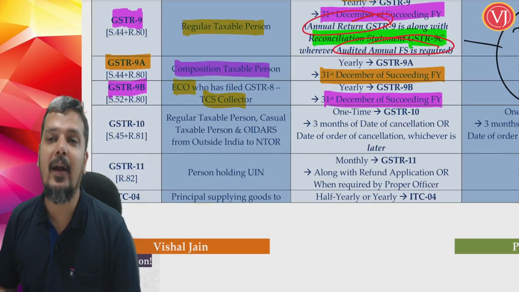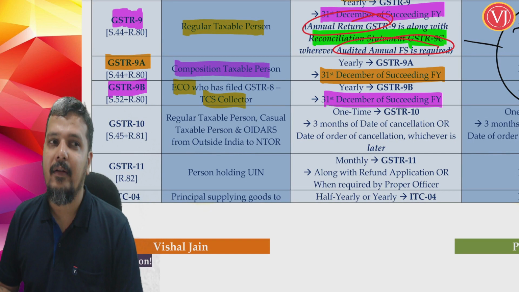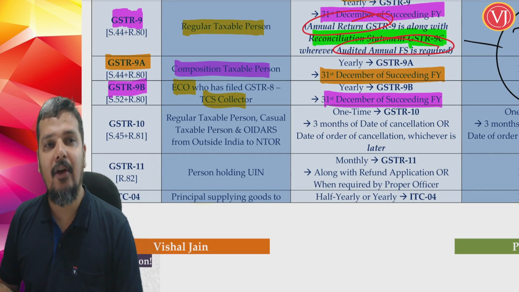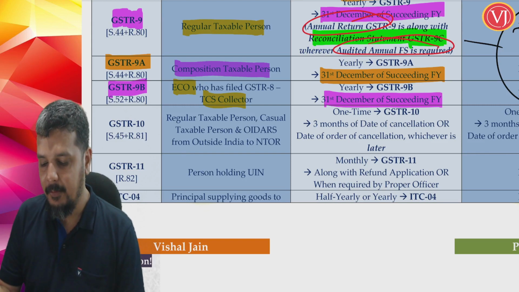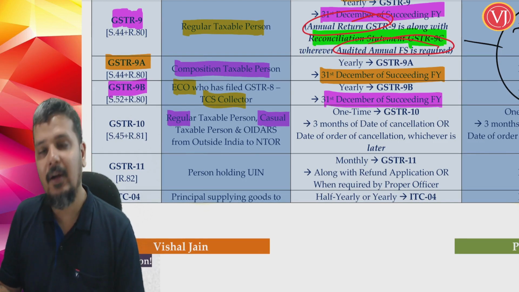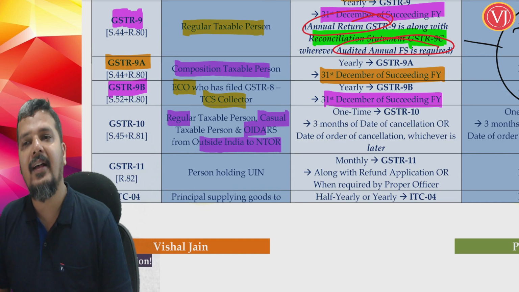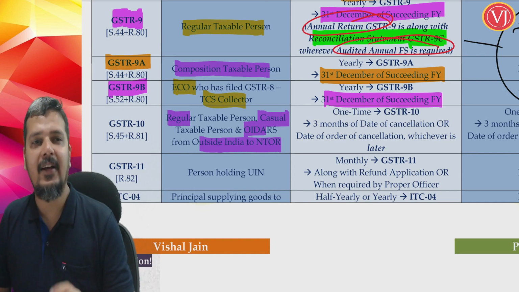Then you have something called your final return. The final return is to be filed by a regular taxable person and a casual taxable person, also OIDAR from outside India to a non-taxable online recipient.